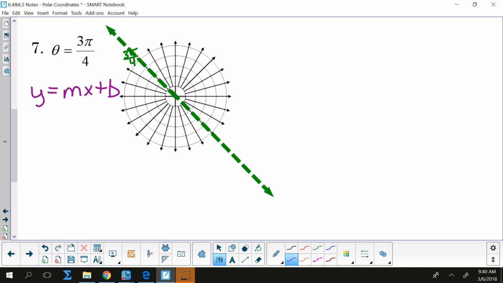Now, let's talk about y equals mx plus b. What two things do I need in order to give the equation of a line? I need the slope, that's my m, and I need the y-intercept, that's my b. Because it goes through the pole, and the pole in rectangular is the origin, right?